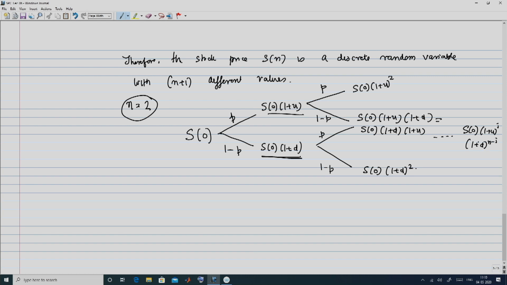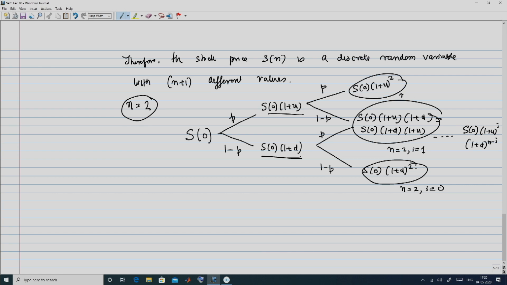Here n is equal to 2. For i equal to 0, we have this: n equal to 2 and i equal to 0. This is the scenario when n is equal to 2 and i is equal to 1, and this is the scenario when n is equal to 2 and i is equal to 2. Okay, so this concludes the discussion on the binomial model.